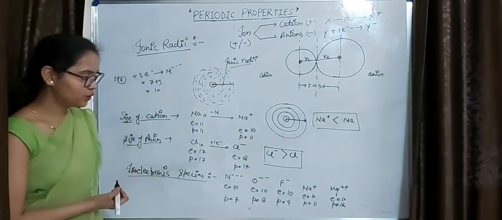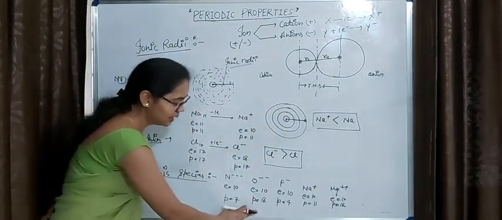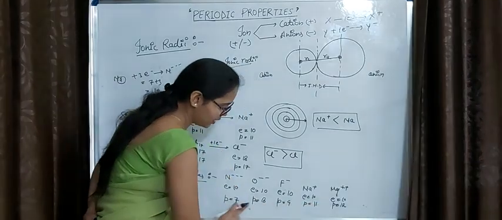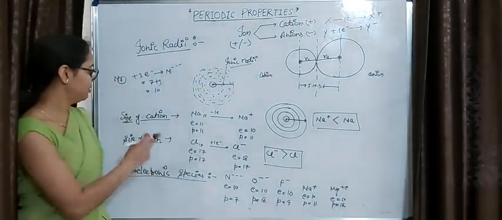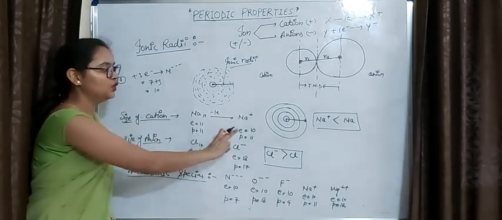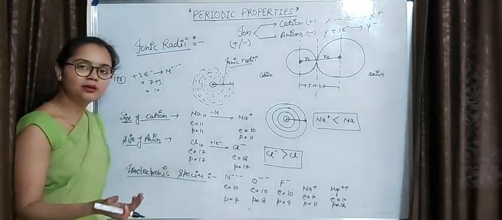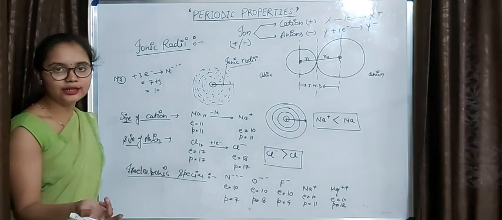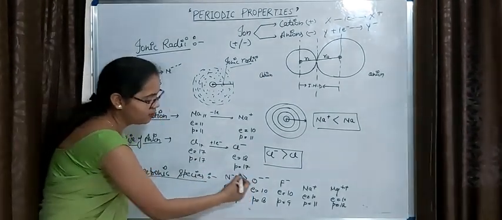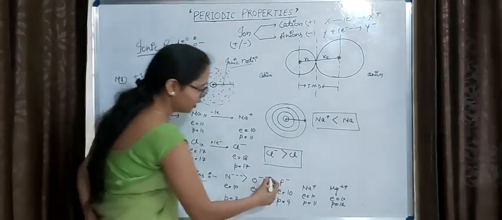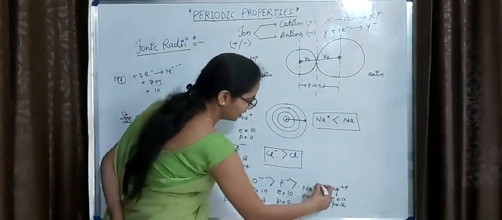So as you can see, the number of protons is increasing: 7, 8, 9, 11, 12. As we have already seen in cations, when nuclear charge increases, the size will decrease. So N³⁻ will have the maximum radius, then this, and then this.